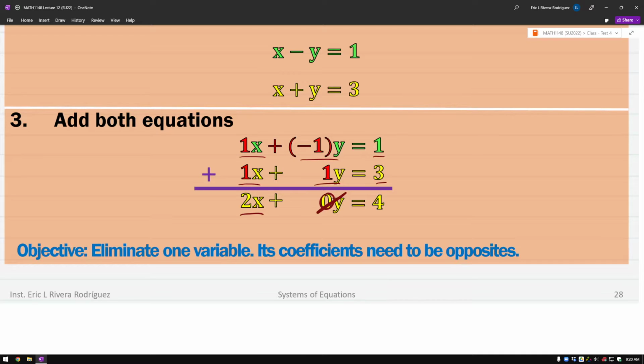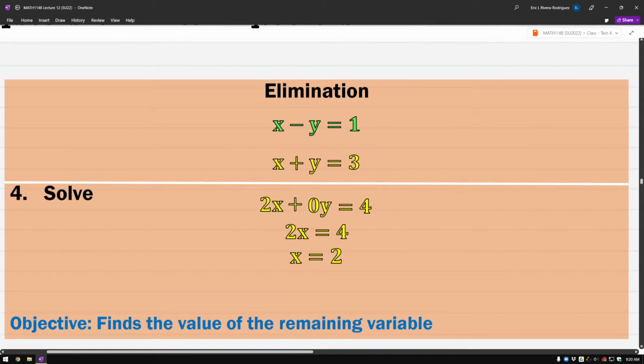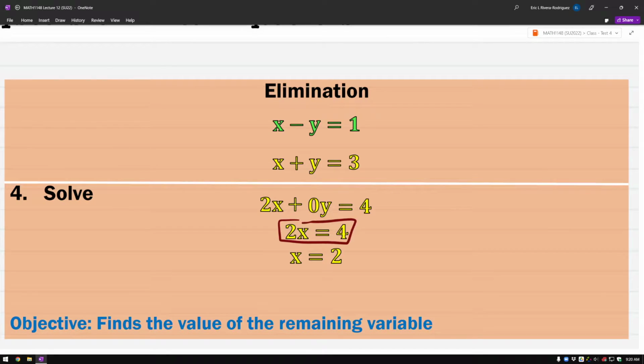So now that we have eliminated one variable using the elimination method, see what happened? Now we turned into just one equation with one variable, because the y variable got cancelled, since 0 times y is 0. And then we can solve for the remaining variable, which in this case is x.